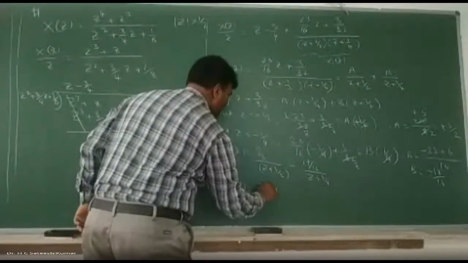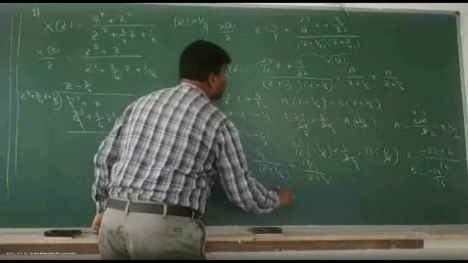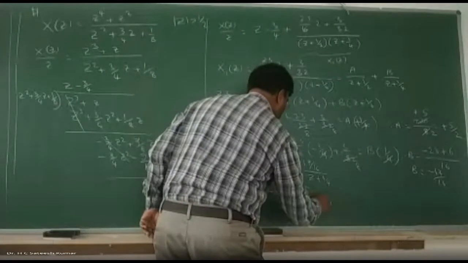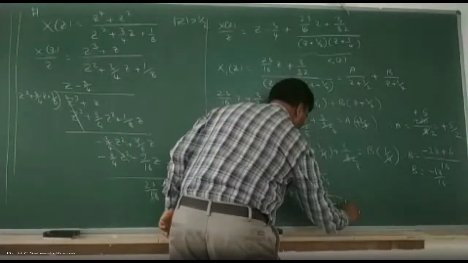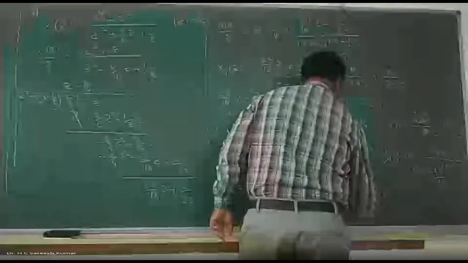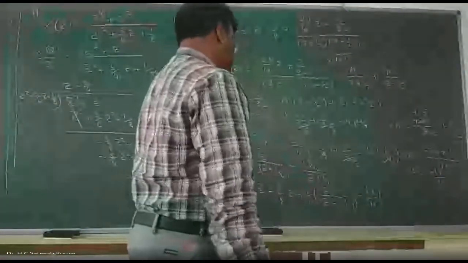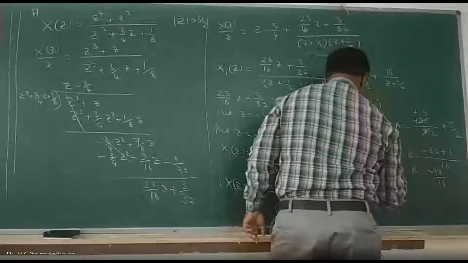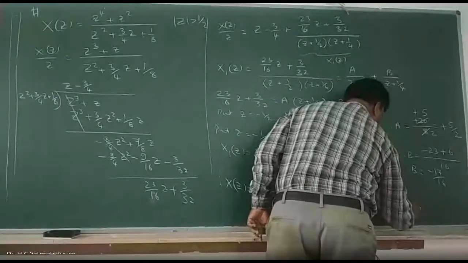Z square minus 3 by 4 into z plus 5 by 2 into z divided by z minus half, minus 17 by 16 into z divided by, cross multiply this z, z minus of minus 1 by 4.